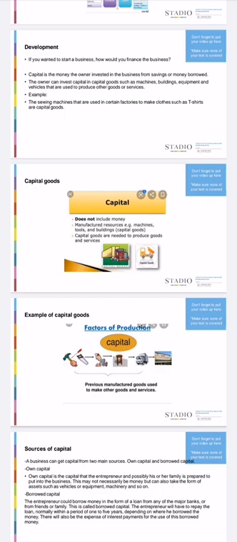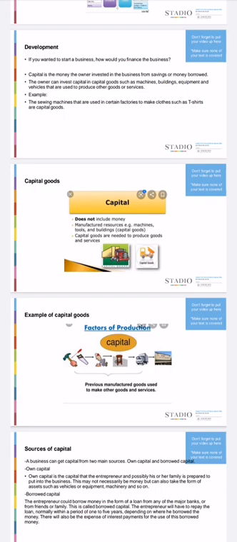He can also invest assets into the business. And these assets, which are your machinery, buildings, and equipment, are called capital goods. An example is given. The sewing machines that are used in certain factories to make clothes such as t-shirts are called capital goods.